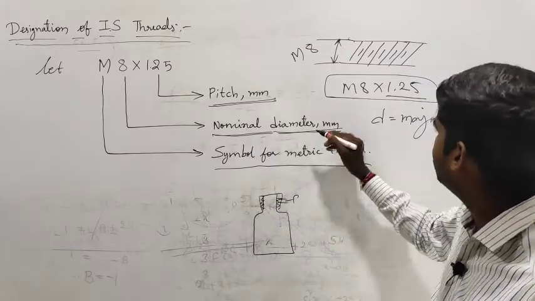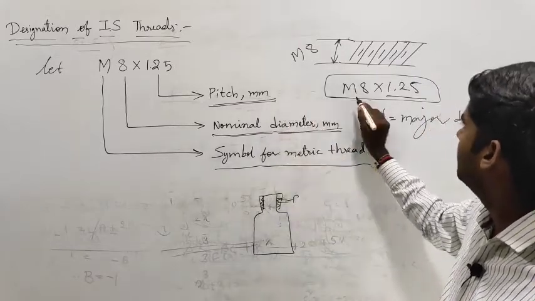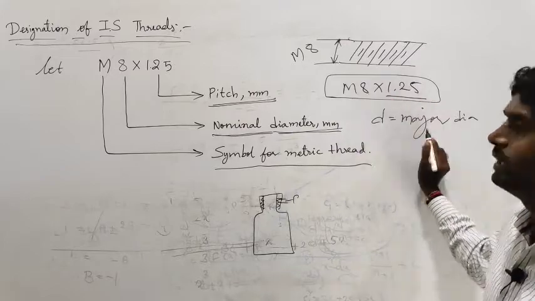Using pitch and nominal diameter, we write M8 into 1.25.